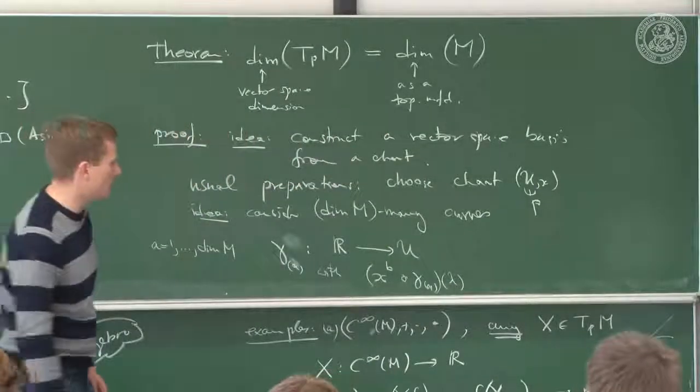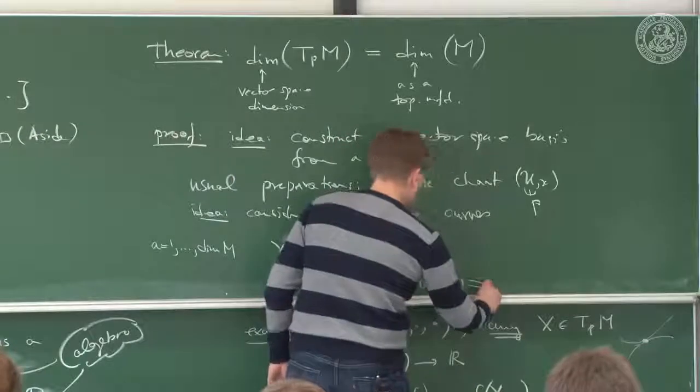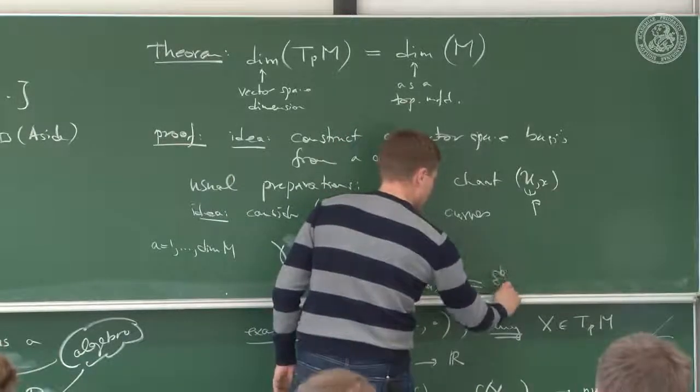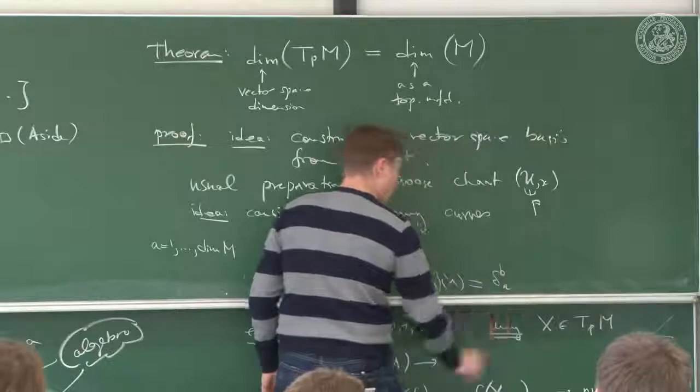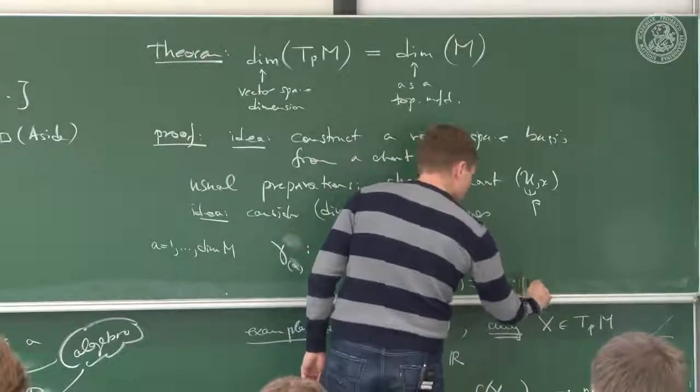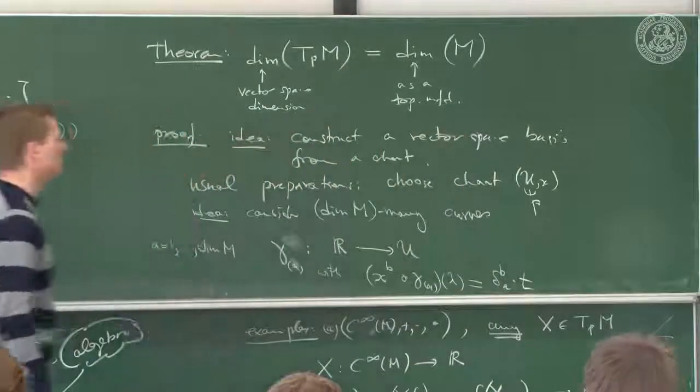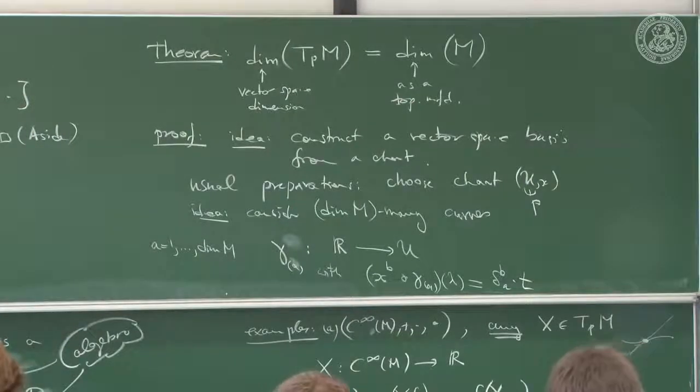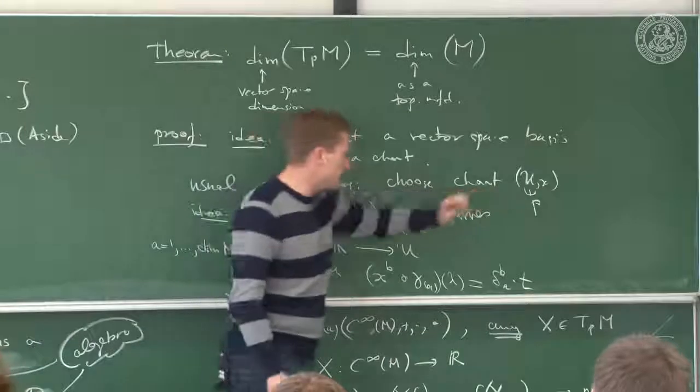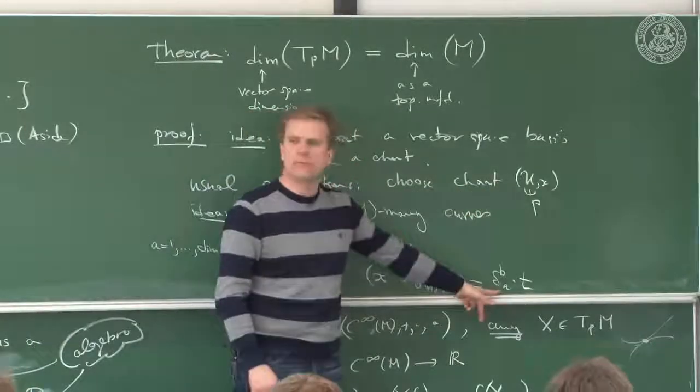This is now down in the chart, and has the very simple shape delta^B_A times lambda. So I choose very special curves which, in this chosen chart, have this simple form.